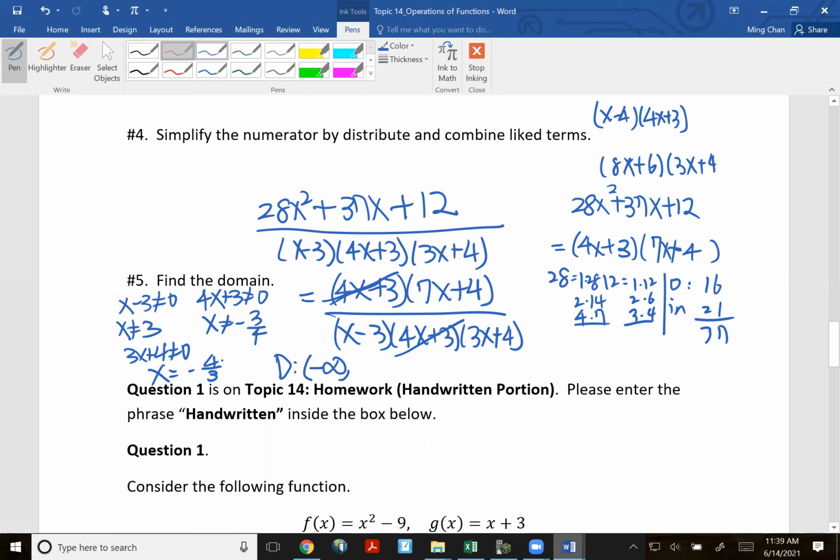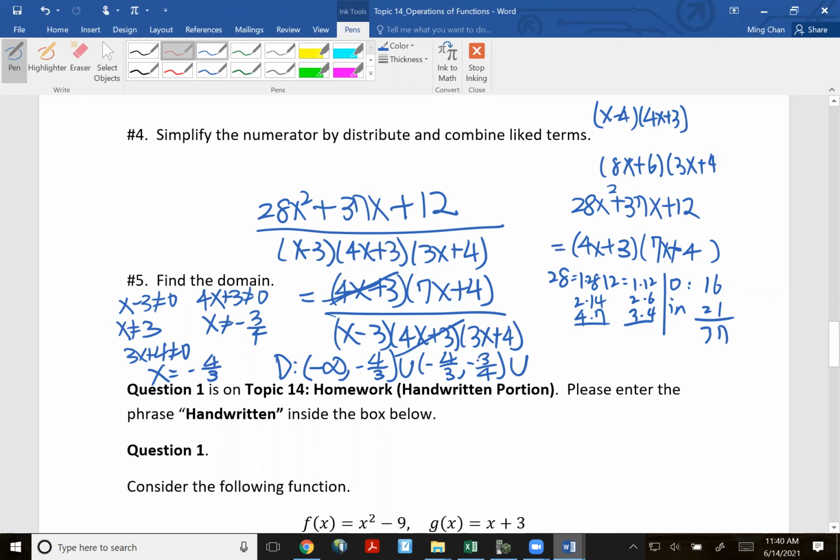You're going to see there's a gap right here at negative 4 over 3. But there's a piece of graph between negative 4 over 3 all the way to negative 3 over 4. There's a hole right here at negative 3 over 4. The graph can cover through it, but there's a hole there.